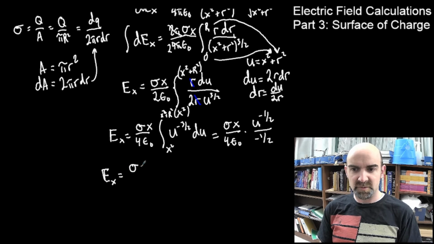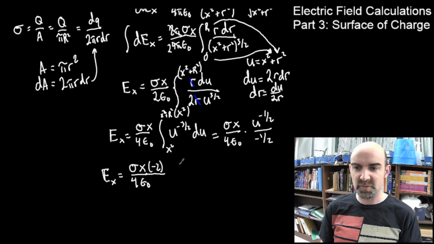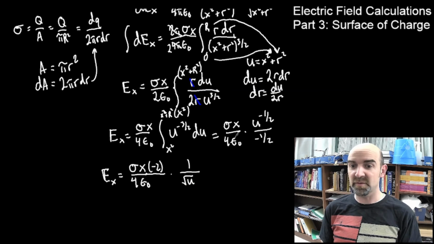All right, sigma x over 4 epsilon naught. And this divided by negative 1/2 gives us a negative 2 up top. 1 divided by negative 1/2 is negative 2 times 1 over the square root of u. u to the negative 1/2 is the square root of u.